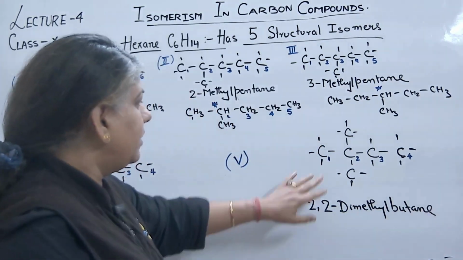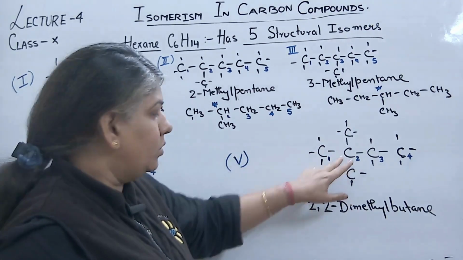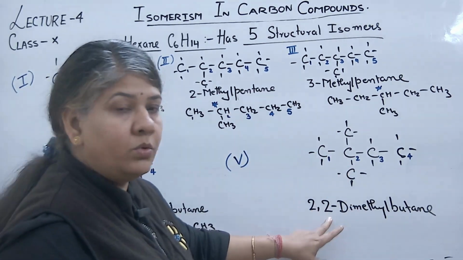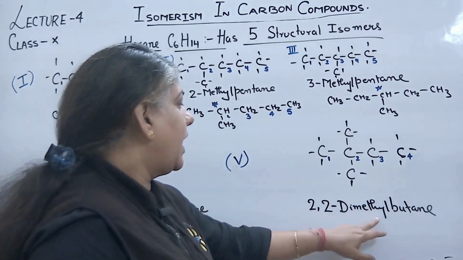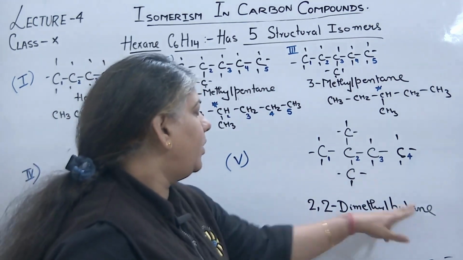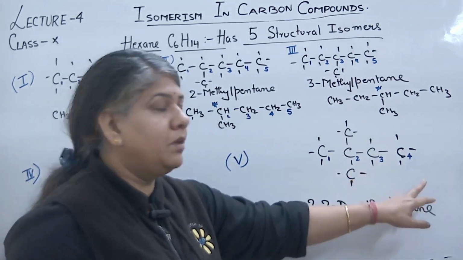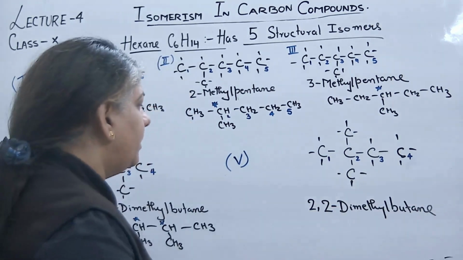See, 2,2 means that both the methyl are on the carbon number 2. So 2, 2, then put a dash, dimethyl because there are 2 methyl groups in the compound, butane, and the longest carbon chain is having 4 carbons. So this is the name.